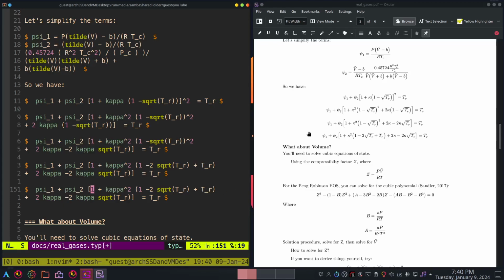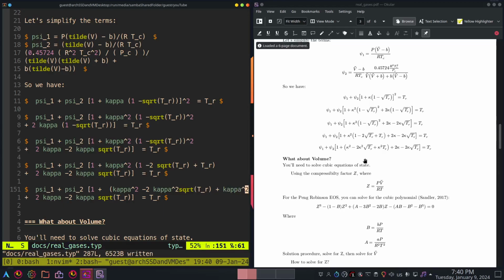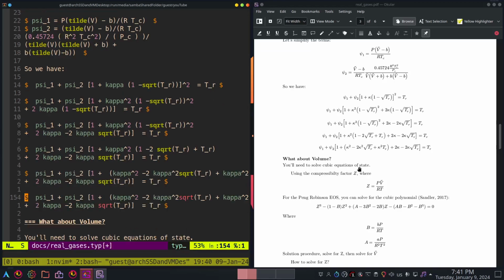Let's see. I will put in the kappa square first. Okay, kappa square, and kappa square. So let me remove the brackets.